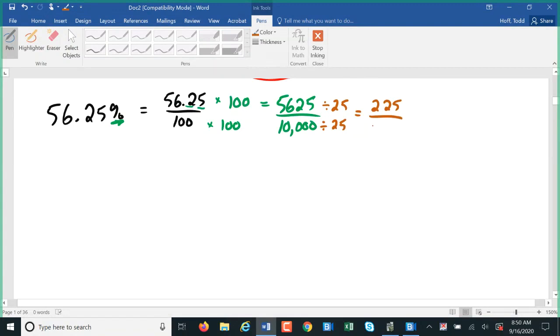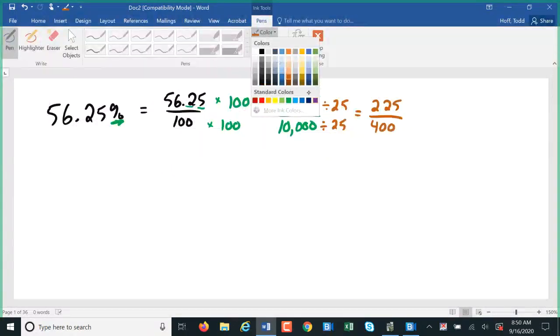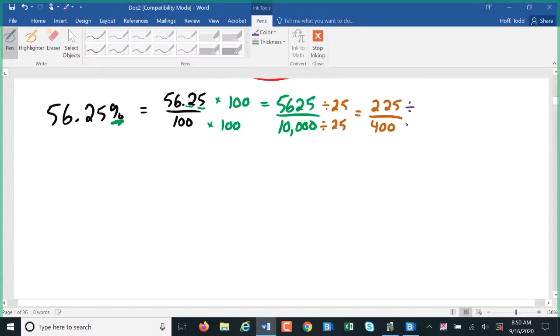Over 10,000 divided by 25 is 400. Well, we see they can both still be divided by 5, but they actually can both still be divided by 25. 225 divided by 25 is 9. 400 divided by 25 is 16. That's 9/16. So 56.25% is 9 out of 16.